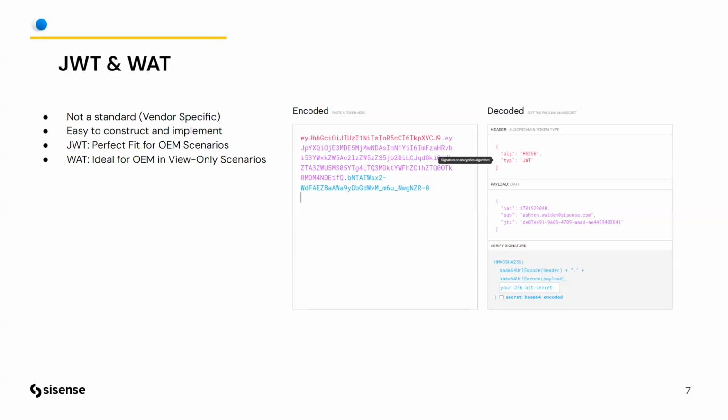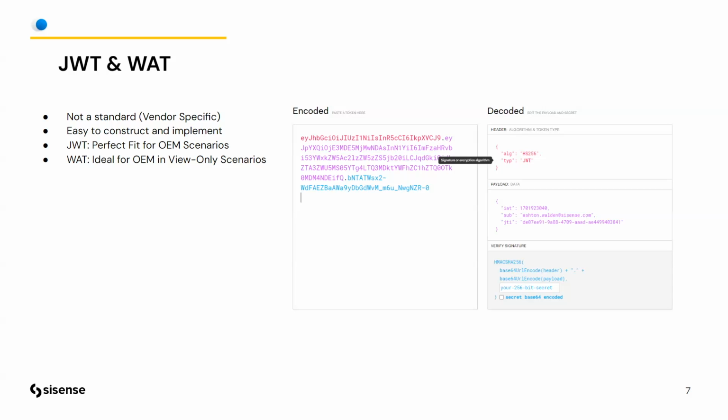which would lead to a huge maintenance nightmare of having all of their config living within your site and within Sisense. As well as, web access tokens are ideal for OEM use cases in view-only scenarios. So the main difference between JWT and web access tokens is web access tokens allow for the actual user definition to be passed in the token itself. So it allows for anonymous user creation.